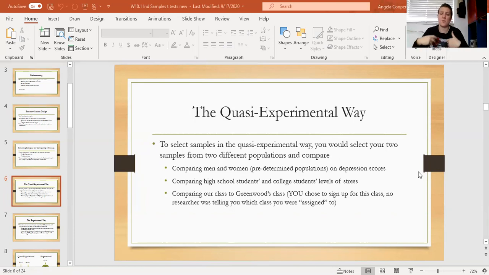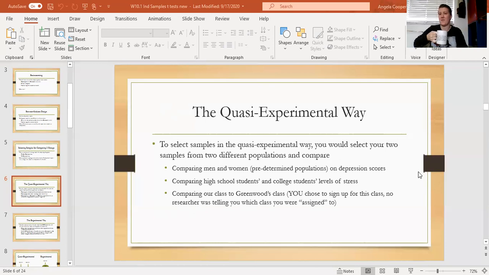No, you walk in with the gender or the age or the ethnicity or whatever you have, and you are placed into the group that goes with who you are. So when it comes to selecting samples the quasi-experimental way, it's going to be from those separate groups of people that are just who they are.